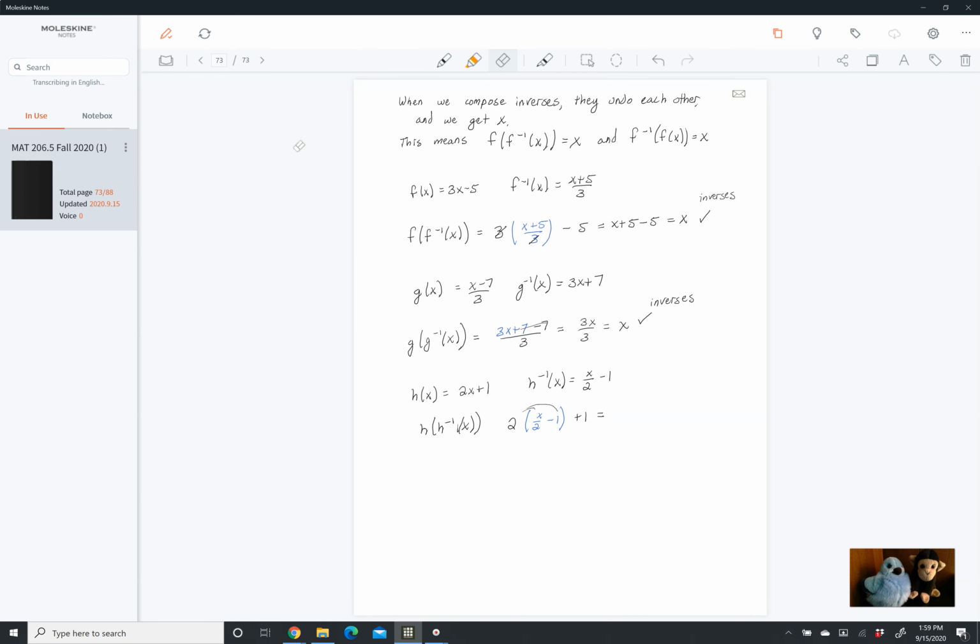So 2x over 2 is just x. And then we get minus 2 plus 1. Well, this is an x. This is x minus 1. These are not inverses. So we can check to see if two functions are inverses by composing them. If we get x, then they're inverses.